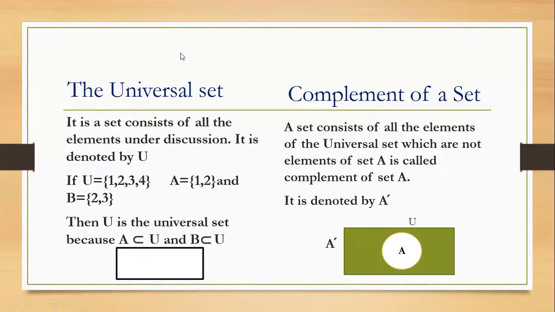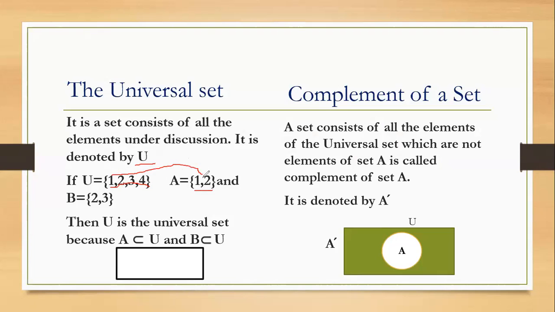Okay. Now universal set consists of all the elements under discussion. It is represented by U. For example, if universal set contains 1, 2, 3, 4, and A and B are the sets which contain the elements which are the part of universal set.